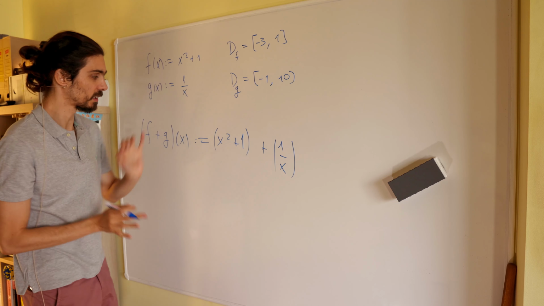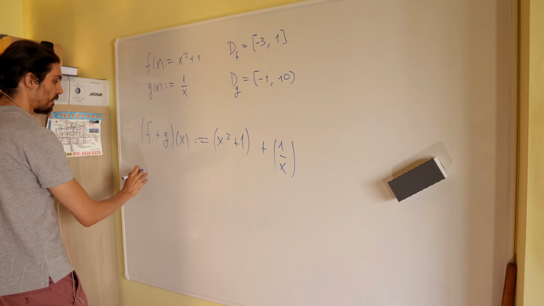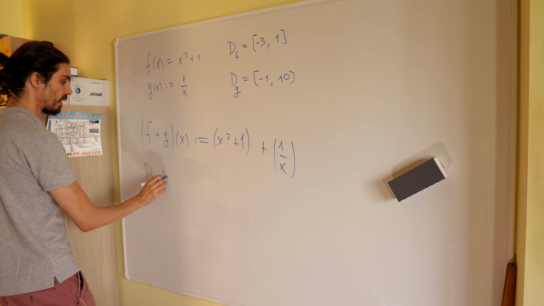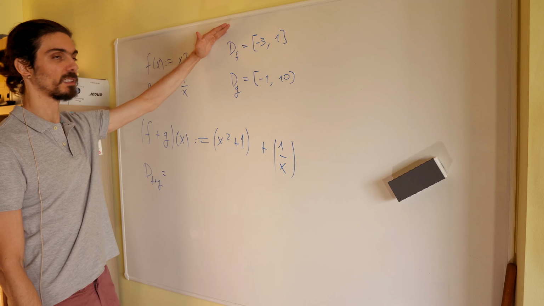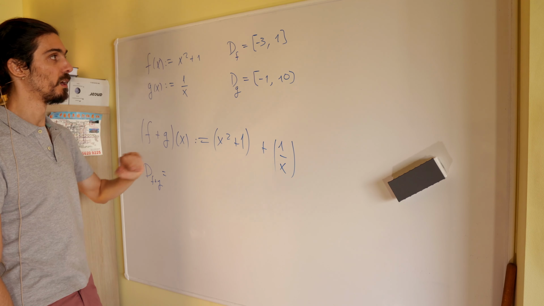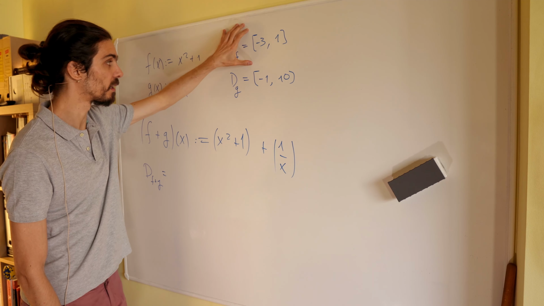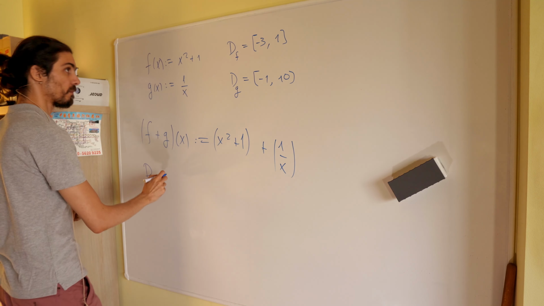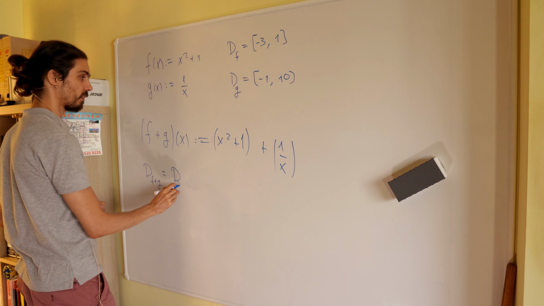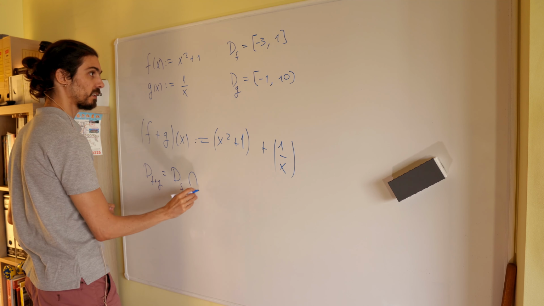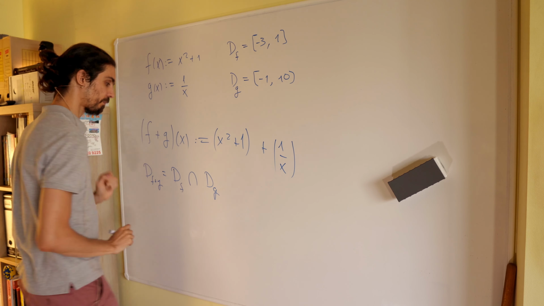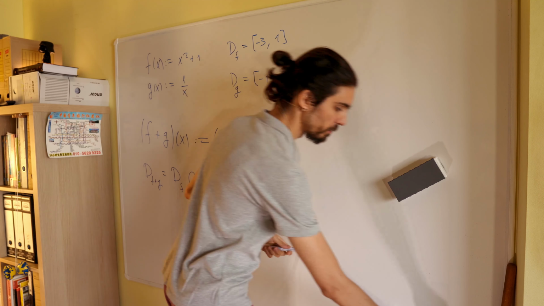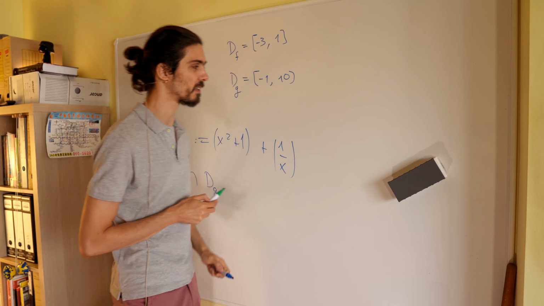In other words, let me write explicitly: the domain of this new function, f plus g, must be the intersection of these two, meaning those numbers that are in both. So it's the domain of f intersecting with the domain of g. Notice one thing, this is very important, because I already made a mistake here.